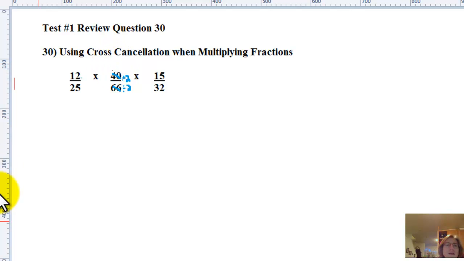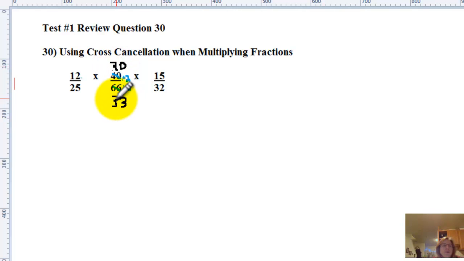Then we have 20 over 33, because half of 40 is 20, because we divided 40 by 2 and 66 by 2.